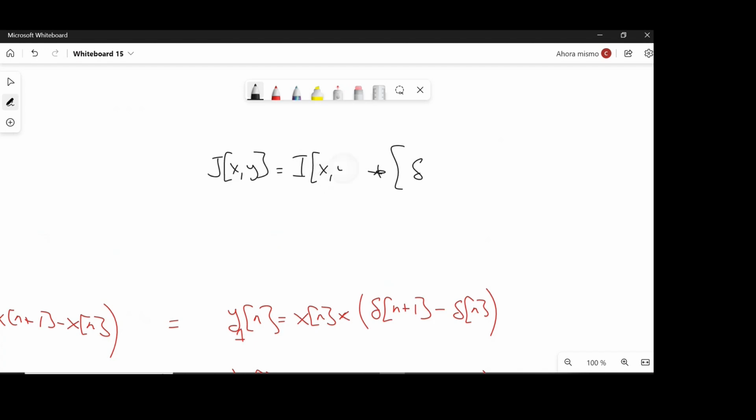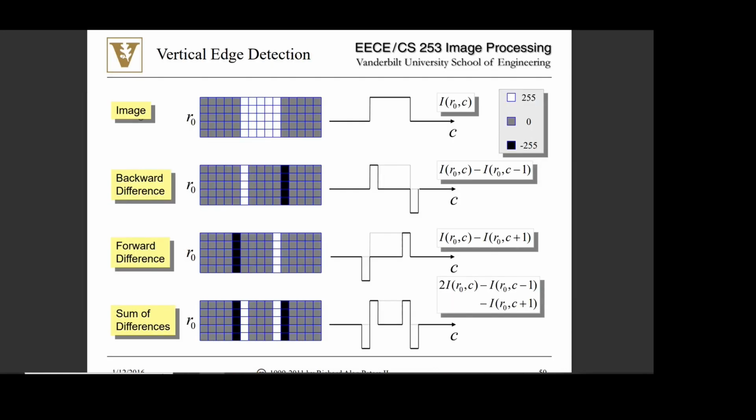The difference between square brackets and normal parentheses is that the signal is discrete here, while with parentheses it is continuous. So now this will be delta[x, y] minus twice delta[x, y] minus delta[x, y minus 1] minus delta[x, y plus 1]. And then we would have this same expression as we would have there.